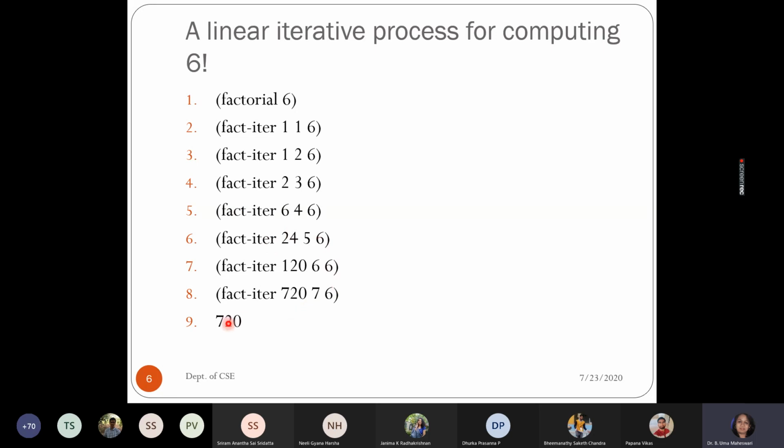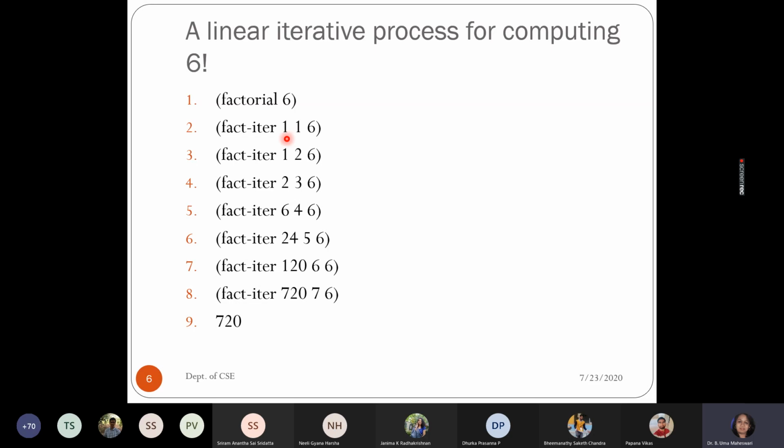Finally the product 720 is returned. So what is the shape of the process? It is not expansion, it is not contraction. But here it is maintaining 3 variables.